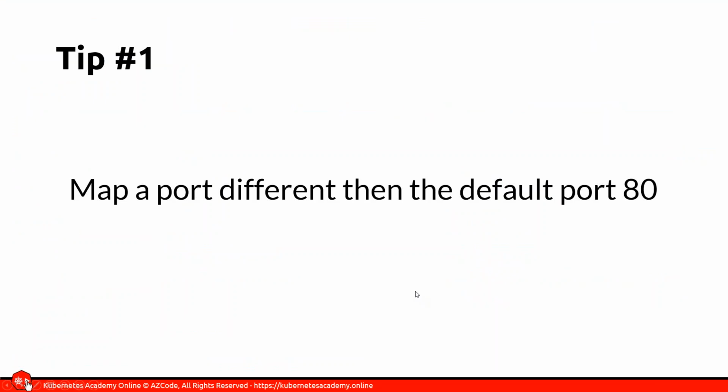Since it's listening on port 8080, I had to set this setting called website support to map the port 80 that the service is listening to onto the port that the container is listening to. All right.